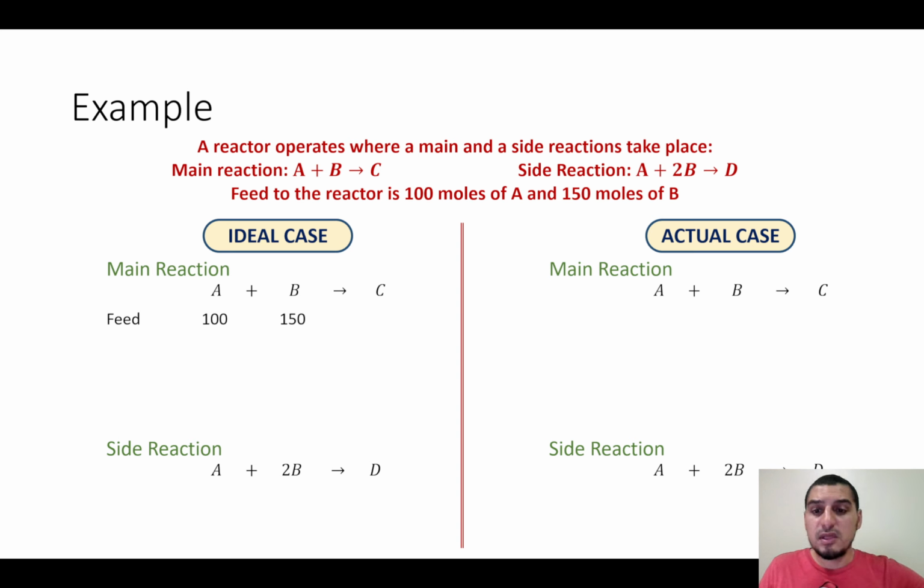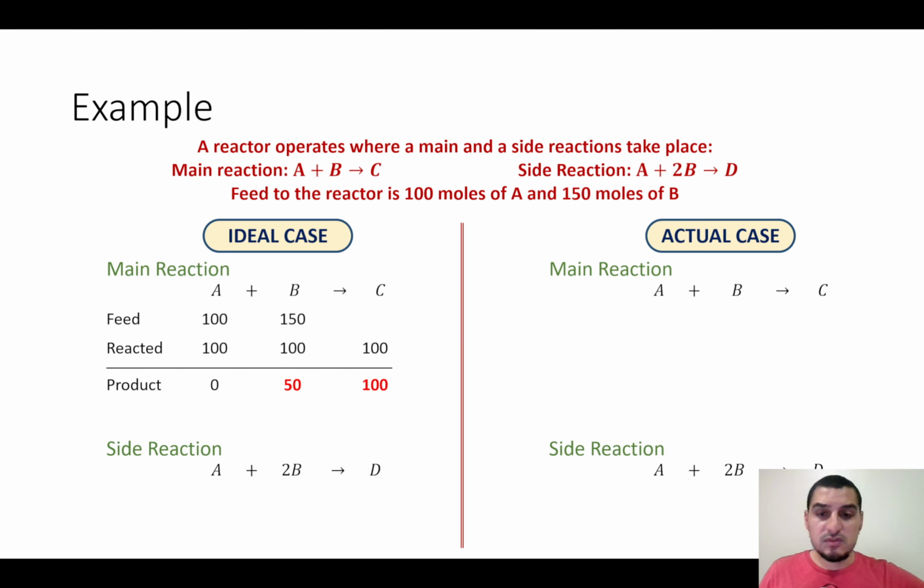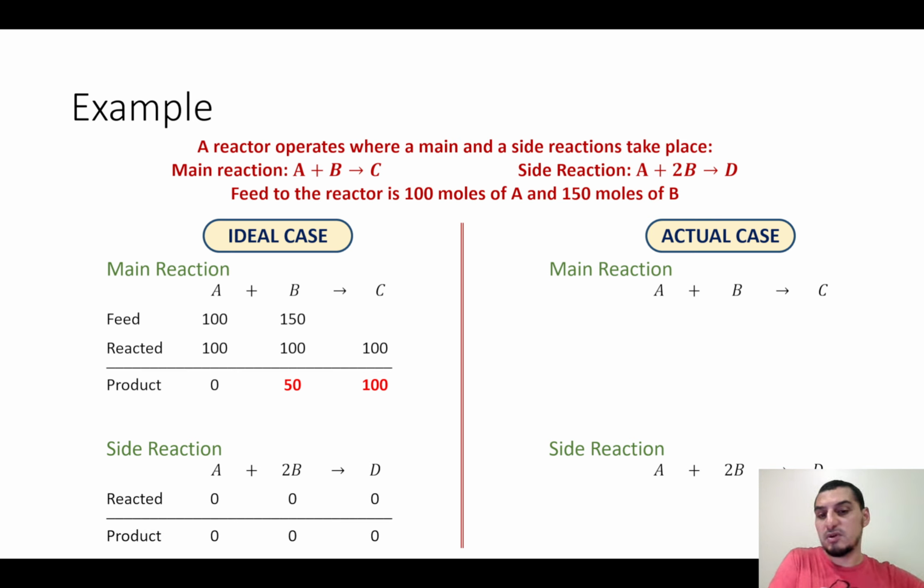So if the reaction goes to completion, then all the A is consumed with 100 moles of B, producing 100 moles of C, and we end up with no A, 50 moles of B and 100 moles of C, and no A and B are consumed in the side reaction, so there is no side reaction, and then the output of D is 0. We don't have any D, we have only B and C. So this is the ideal case.